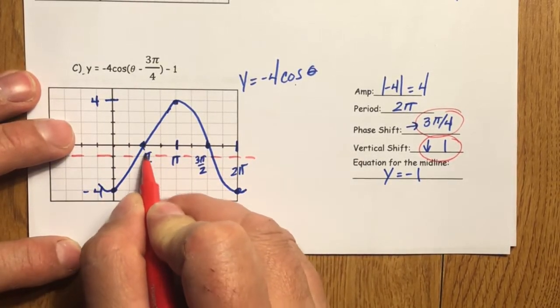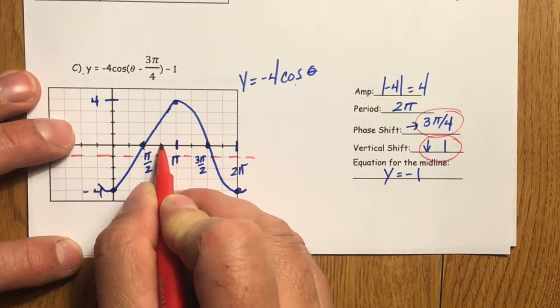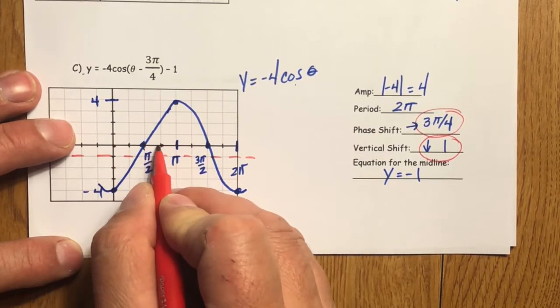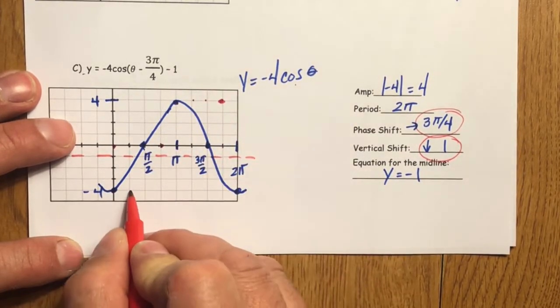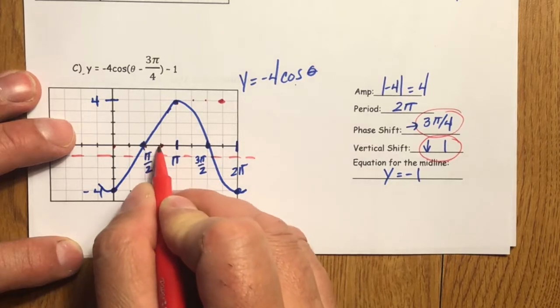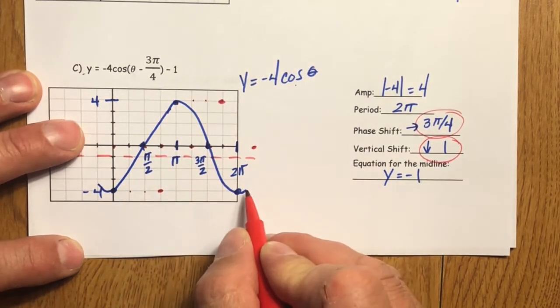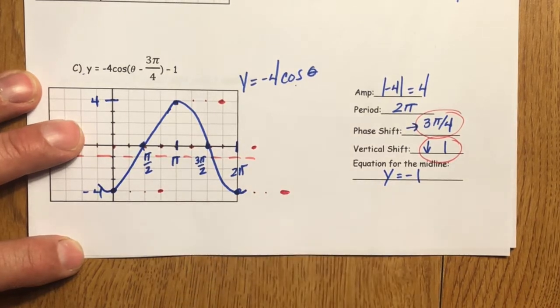If this is 0.5 pi, and this is 1 pi, half of that would be 0.75 pi. So I'm going to move 1, 2, 3 units over.